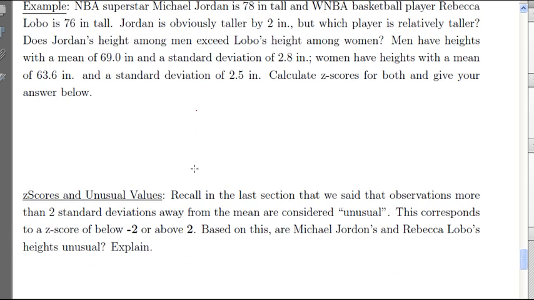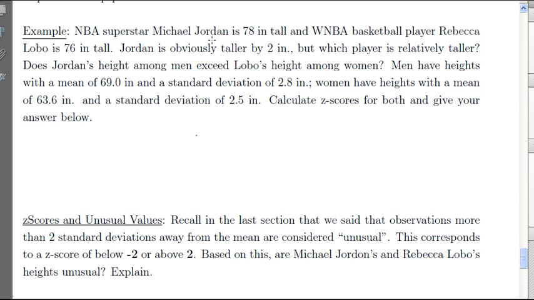So here's an example for us to work through. Michael Jordan is 78 inches tall and Rebecca Lobo is 76 inches tall. Obviously Michael Jordan is taller than Rebecca, but what if we wanted to compare them to their own populations? Is Michael Jordan taller with respect to the male population than Rebecca Lobo with respect to the female population?